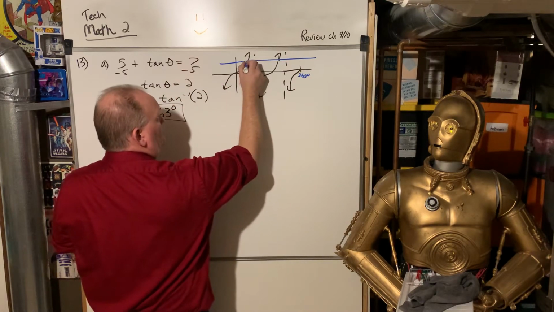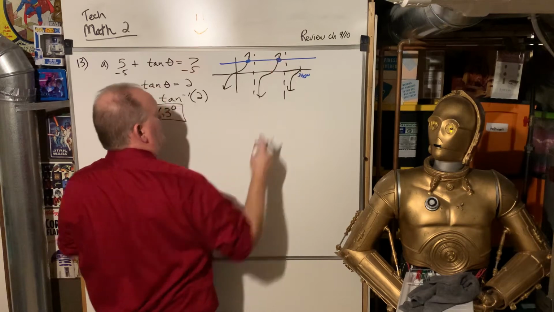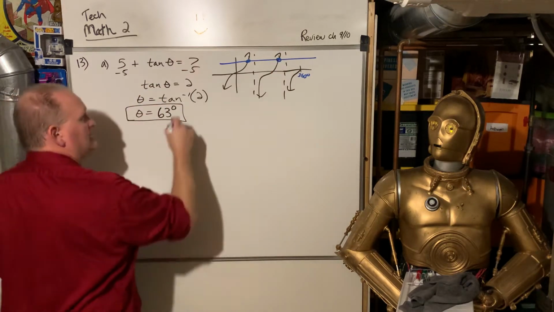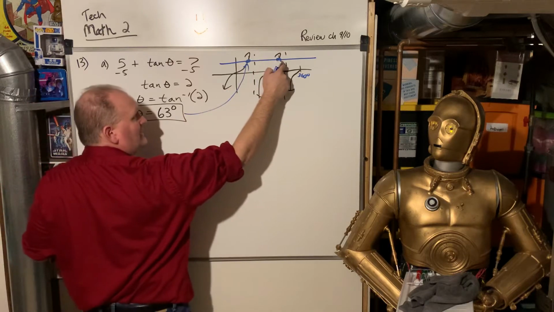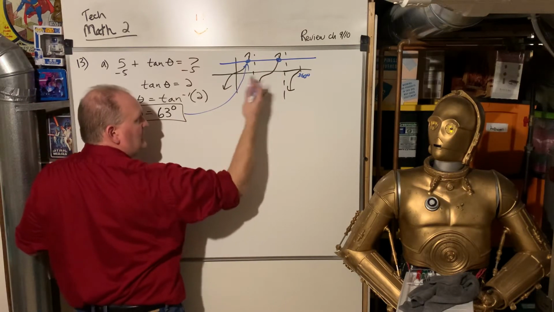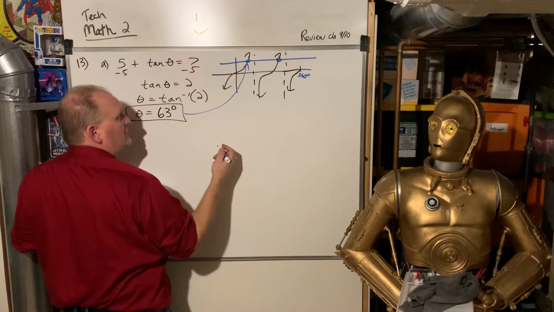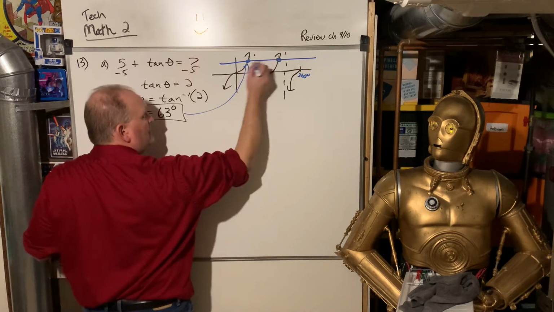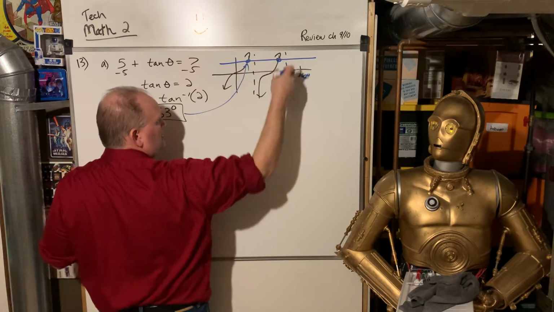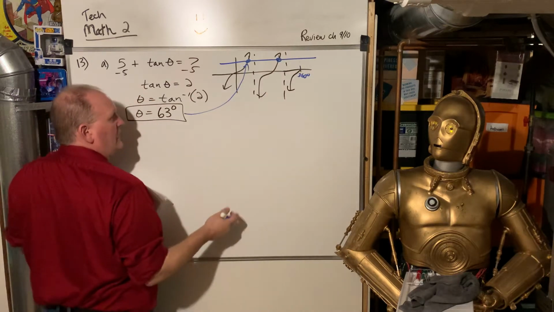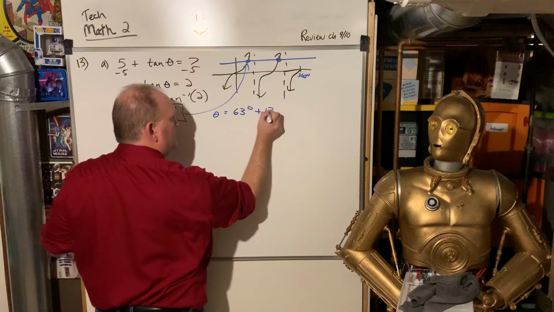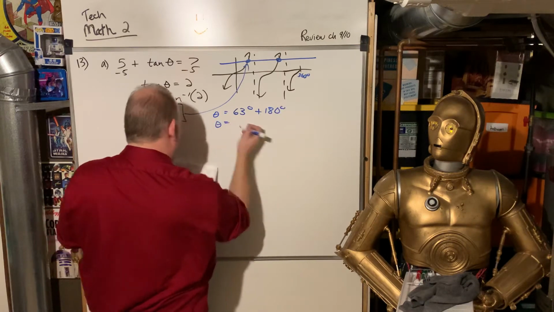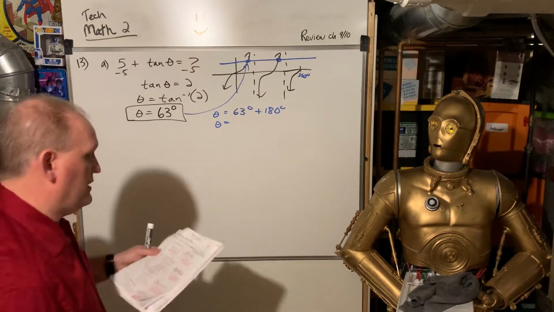At 2, it hits here and it hits there. This one is the 63 degrees. We've got that one, but there is another one, and you have to understand what's going on here. That's 180 degrees away from where I am. Every 180 degrees, the tangent just repeats itself over and over again. So I would take 63 degrees plus 180 to find that second answer, 243.